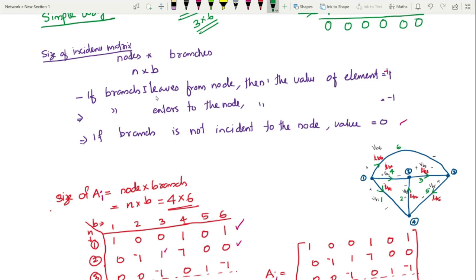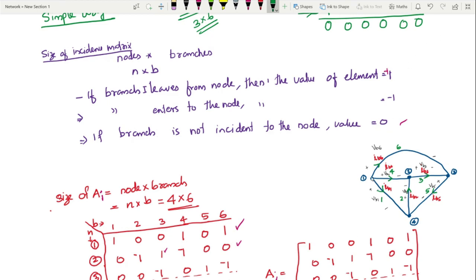If the branch current leaves the node, then the value of the element is taken as +1. If the branch current enters or is incoming to the node, then the corresponding entry in the matrix is taken as -1. Similarly, if a branch is not incident on a particular node, that value is taken as 0.